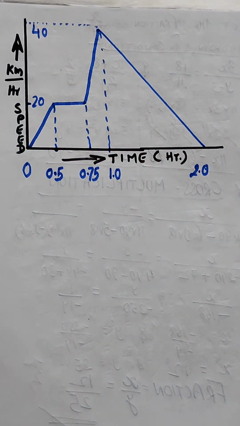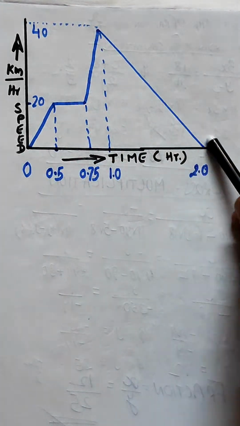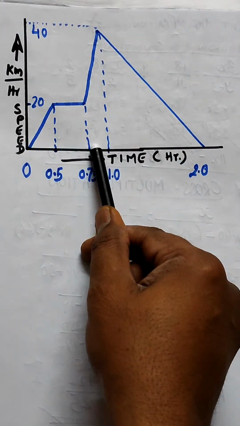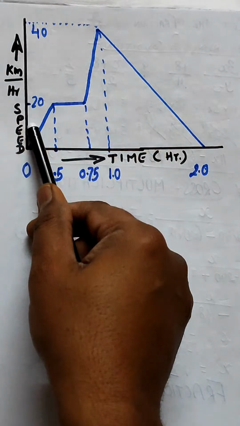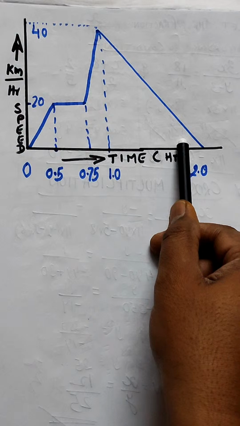Now we need to find in this question that the train moves and follows this path, right? And this is a speed-time graph. Speed is plotted on the y-axis and time on the x-axis, right?